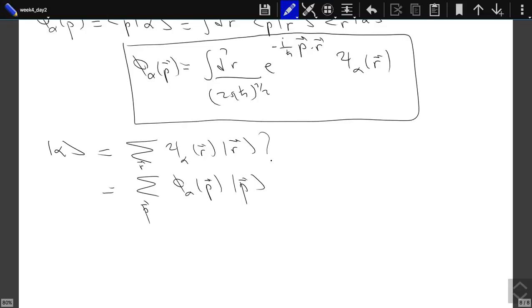But nevertheless, these two kets are exactly equal to each other. Whichever basis you choose to represent your ket, you are talking about the same ket in the same Hilbert space.